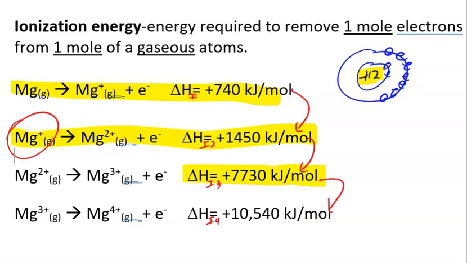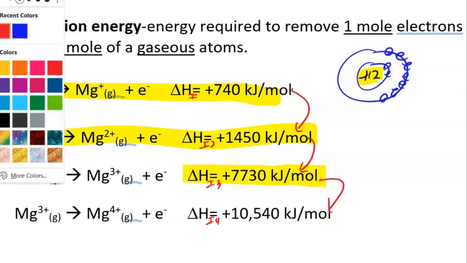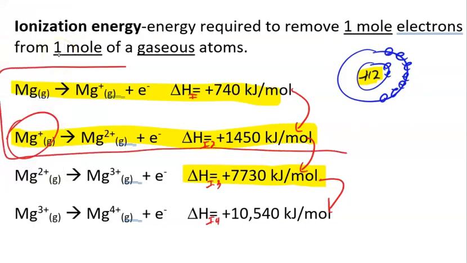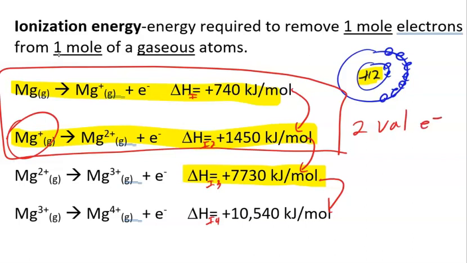So we're looking at the relative jumps in ionization energy. And for that reason, if we didn't know what the metal was, because of the big jump between the second and third, we would know we have 2 valence electrons and therefore a group 2 atom.